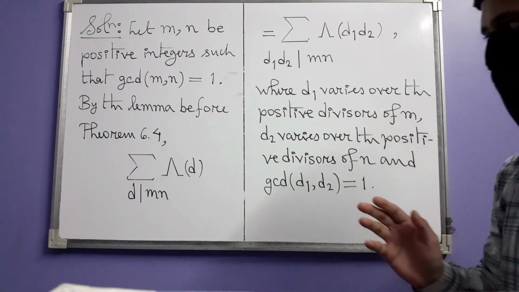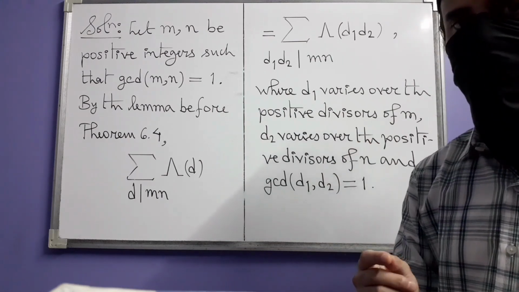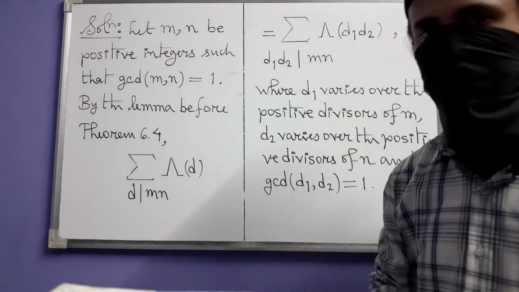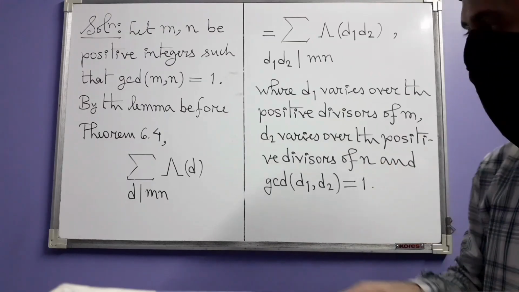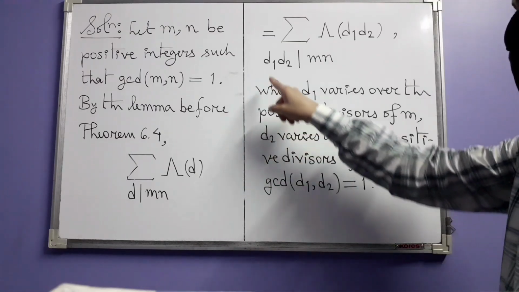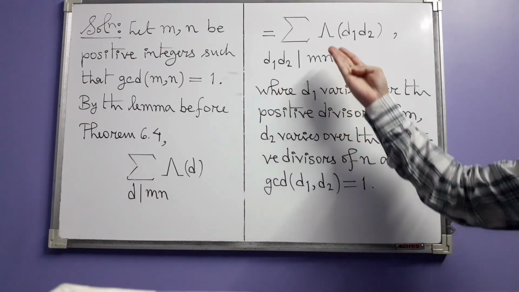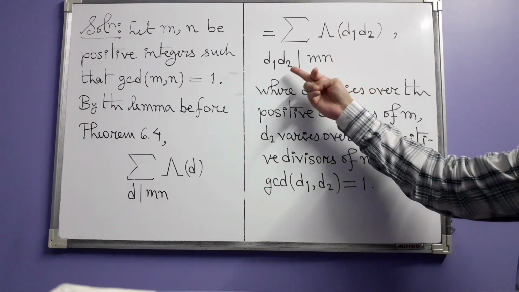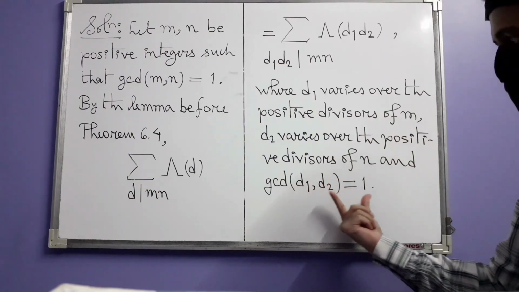Actually, it is that result which tells us about the positive divisors of this product mn, where m and n are positive integers and they are relatively prime. Any such positive divisor is of the form d1 d2, where d1 is a positive divisor of m, d2 is a positive divisor of n, and they are relatively prime.